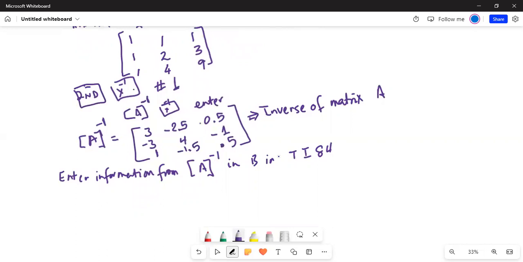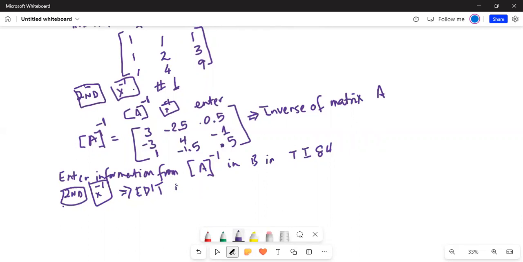How do you do that? You type second, and then X minus 1, and then Edit, highlight Edit, and select number 2.